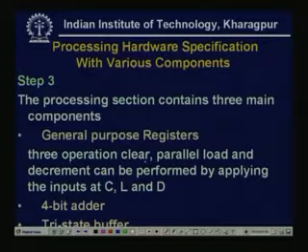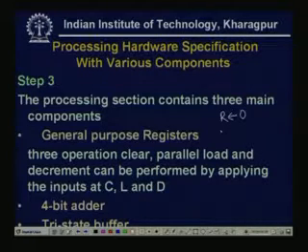3 operations, clear, parallel load and decrement, can be performed by applying the inputs at C, L and D. If we remember the operations, one is R is set to 0, that is clear.